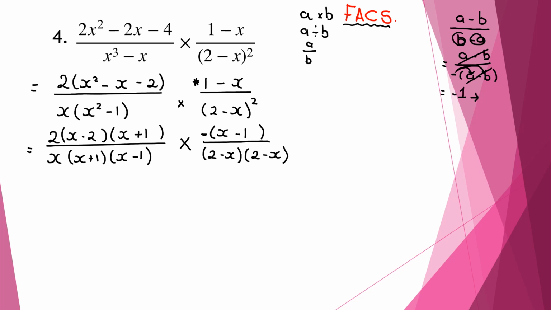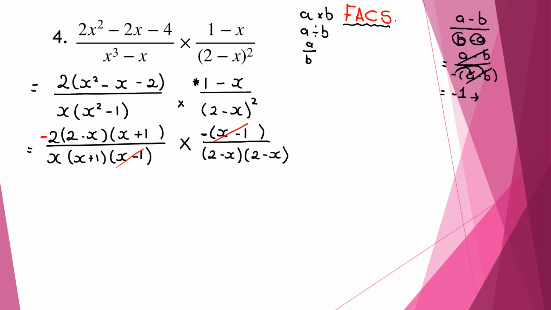Okay, and then perhaps you can see on the top right of this fraction, we can take that x minus 2 and make it a 2 minus x so that it can cancel out. So I'm going to change this to 2 minus x, but I cannot forget to change the sign on the outside of that bracket. And so now we get to a point where we can cancel top with bottom, so this will cancel with that.